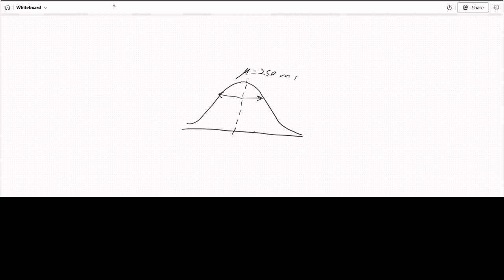Maybe for humans it's extremely consistent, and we can describe the standard deviation as being really small, or maybe with humans it's very wide.